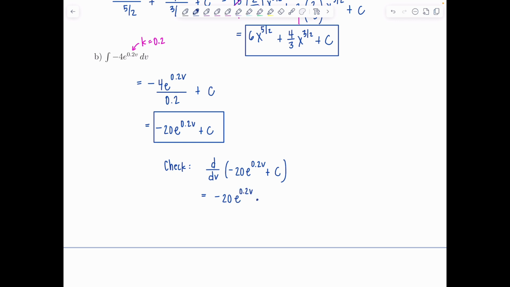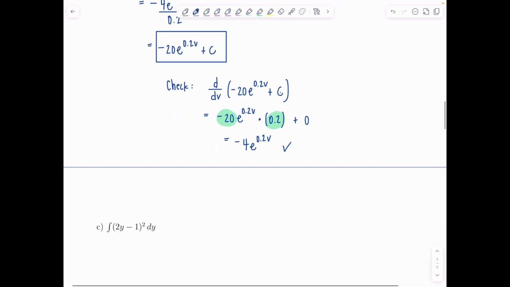And then by the chain rule, I have to multiply by the derivative of 0.2v, which is 0.2, plus the derivative of c is just 0. And then lo and behold, yes, -20 times 0.2, that's going to give me -4 e to the 0.2v. Boom, we're so good. All right, couple more.